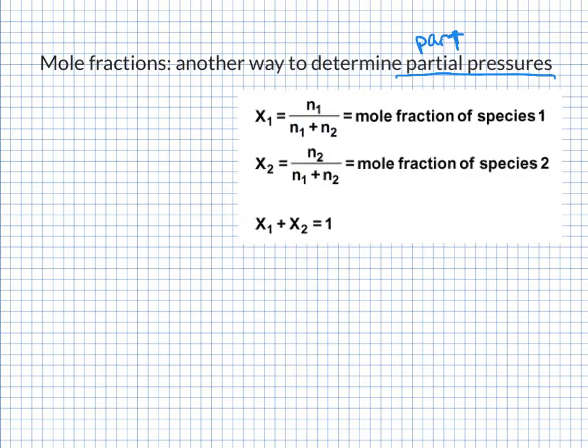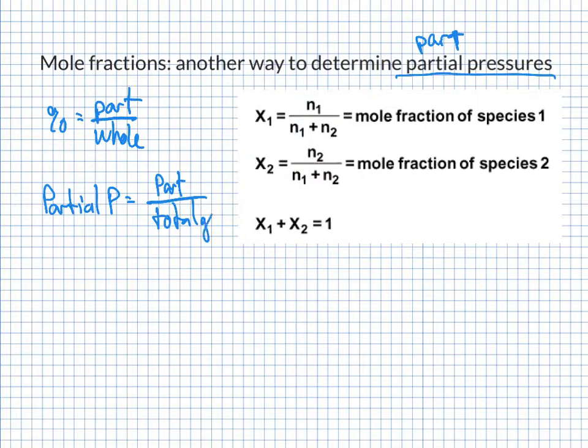And when we're talking about percentages, remember that a percent, any percent, is simply a part over a whole. So a partial pressure really is simply the part of my gas over my total gas, right? That's all it is.